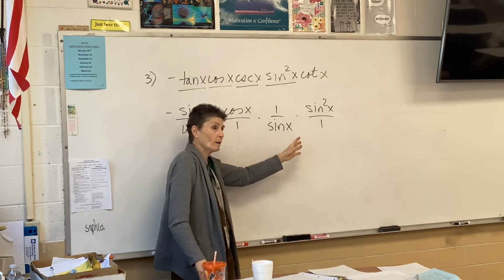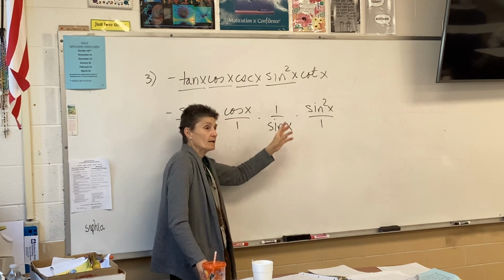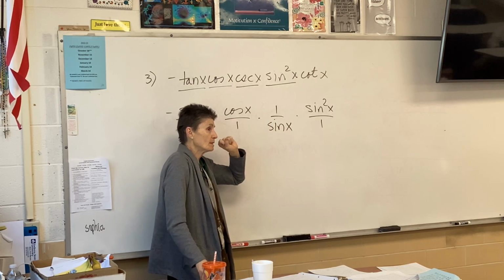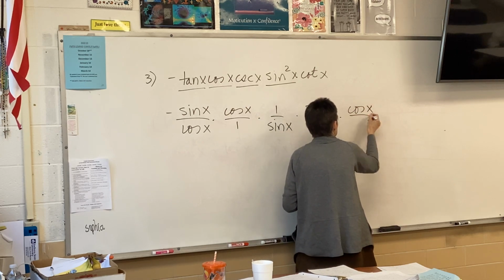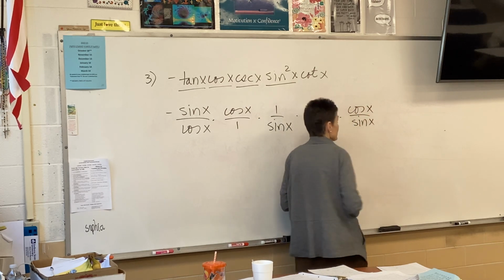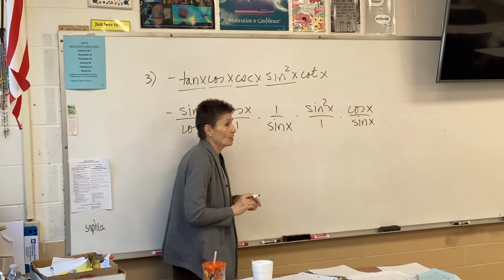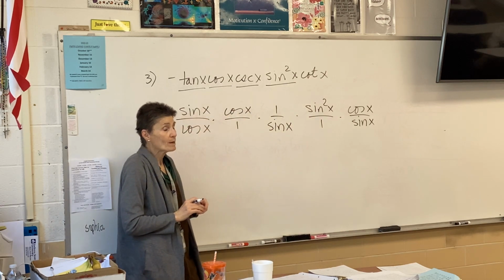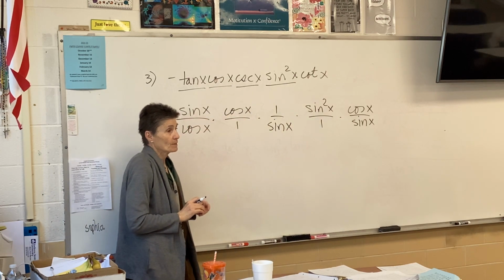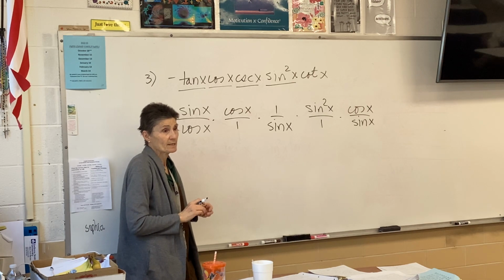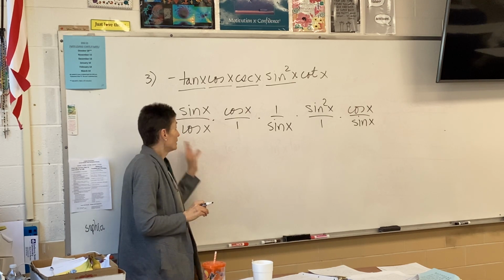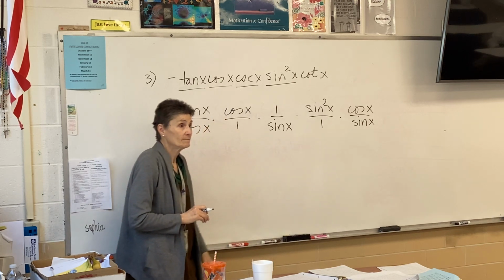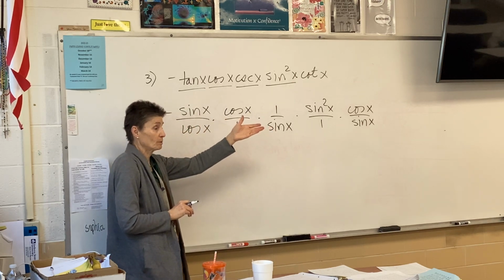But does that fit what I'm doing here? Cosine over sine. Change it all into sines and cosines. We almost never change a cotangent into 1 over tangent. We almost always change it into cosine over sine. Everybody still with me?